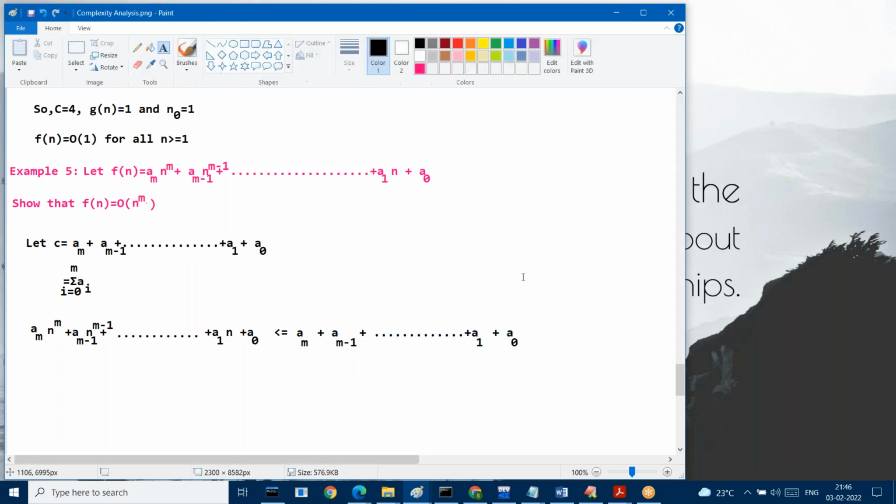This is the constant. So observe carefully here, left hand side, the first constant is multiplied with n to the power m. Now on my right hand side also, I'm doing the same activity. That means multiplying the first term with n to the power m.